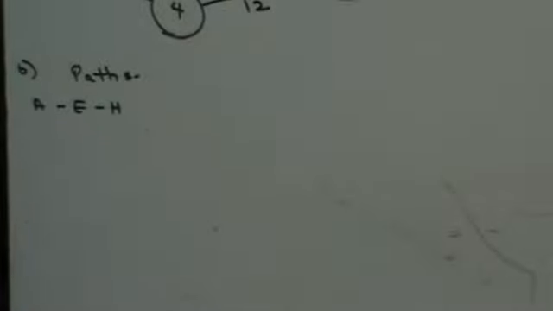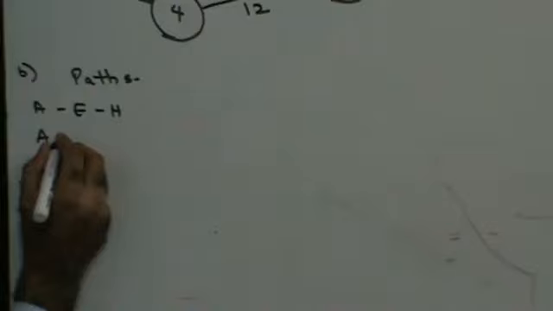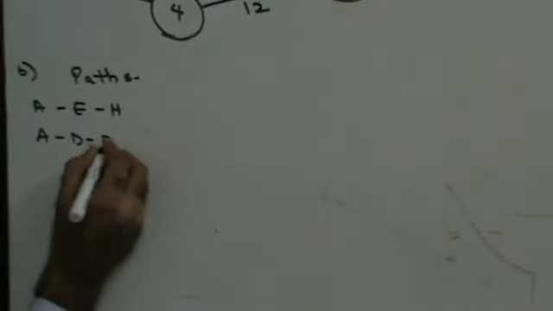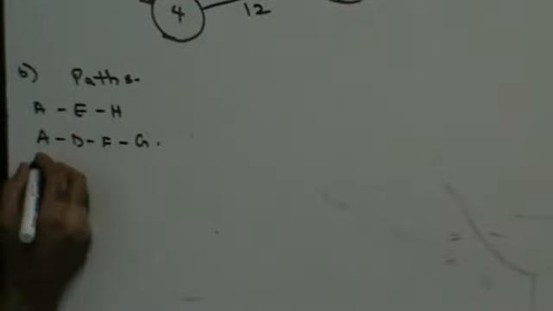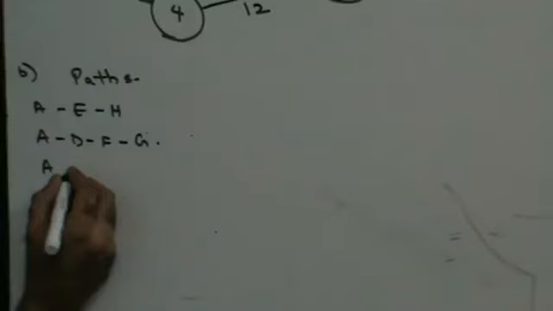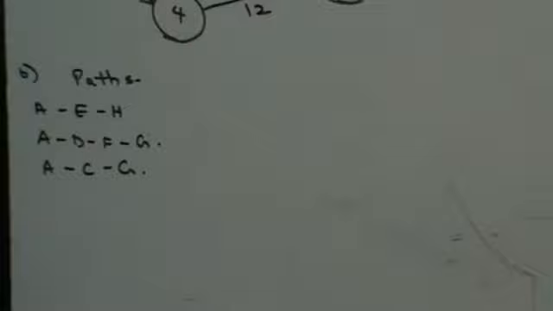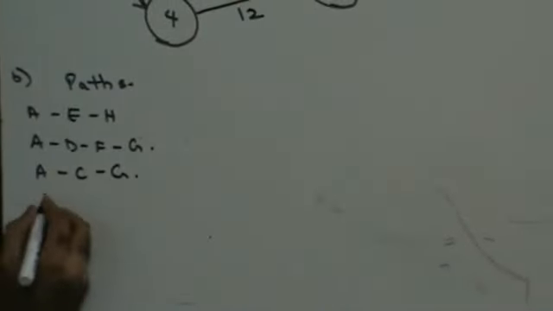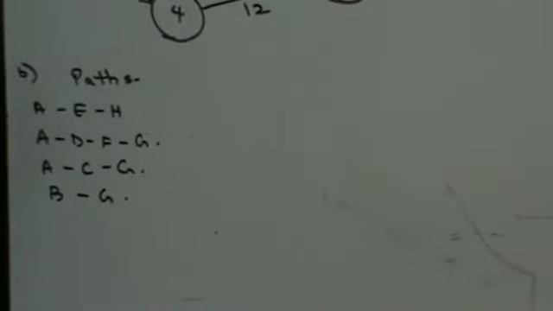AEH, then A D F G, then A C G, then I have B G. So these are my multiple paths that I can use. I have 4 different paths.